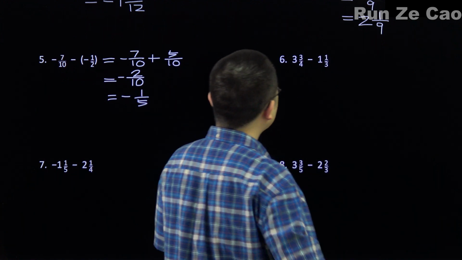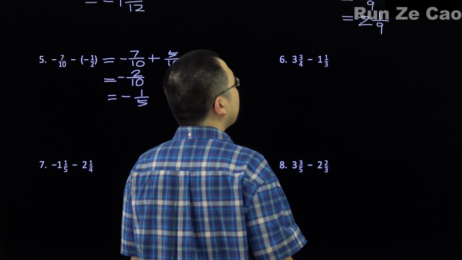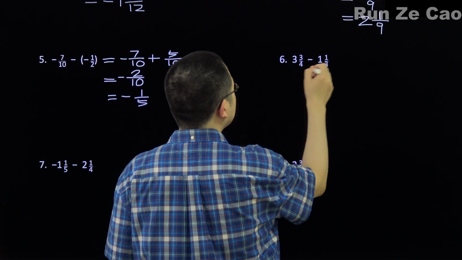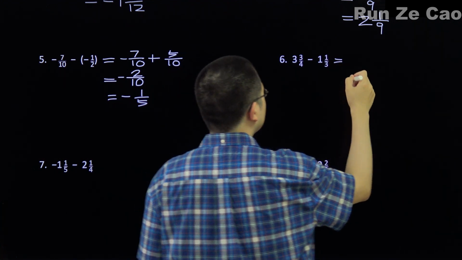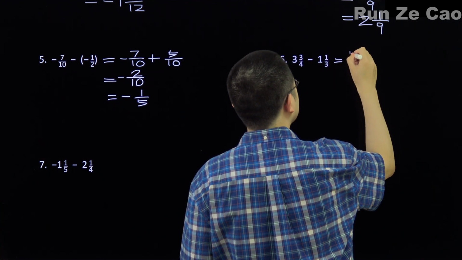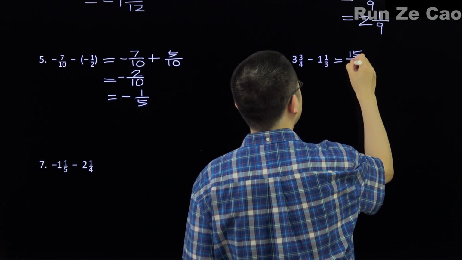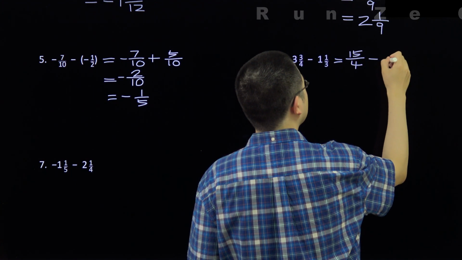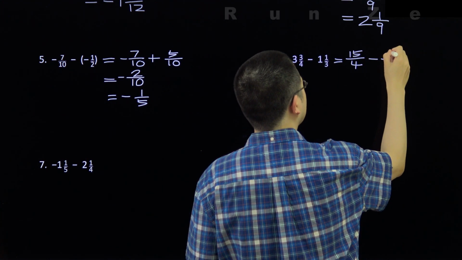Now 3 and 3/4 minus 1 and 1/3. That's equal to 15 over 4 minus 4 over 3.